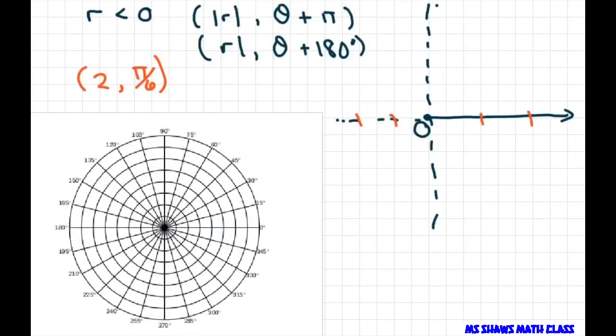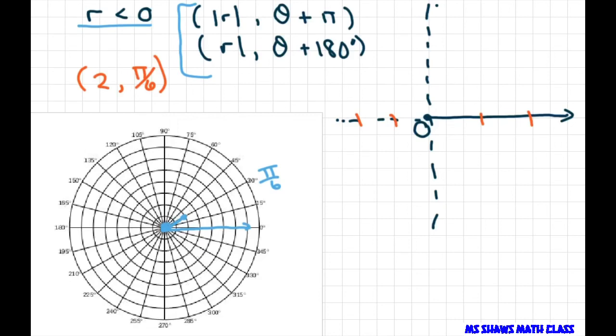So I want to go over this real quick. So basically, for this one, if R is negative, then this is your standard way of doing this. So pi over 6 is 30 degrees. So this would be, there's your pole, there's your polar axis, and you go up 2 on there.